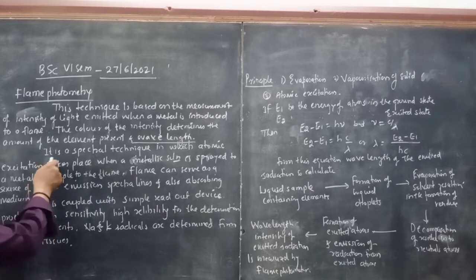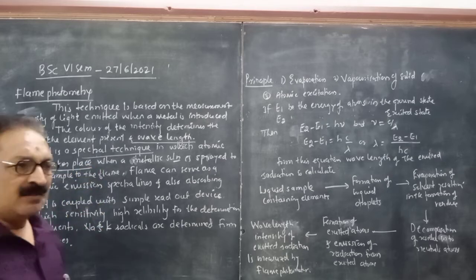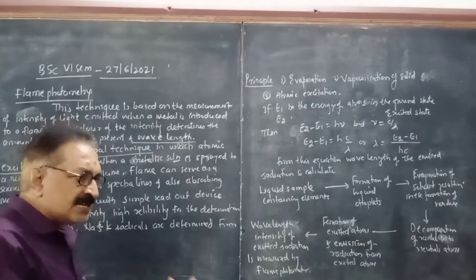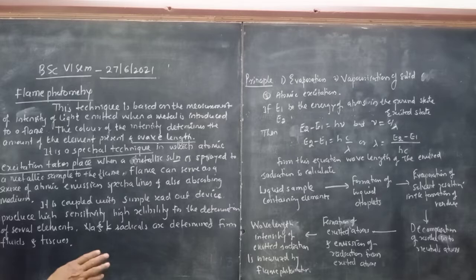It is one of the spectral techniques in which atomic excitation takes place. Say you take the sodium element and place it in the flame. The sodium, which is in a metallic form, is subjected to thermal heat and is split up into atoms, and their atomic excitation takes place.